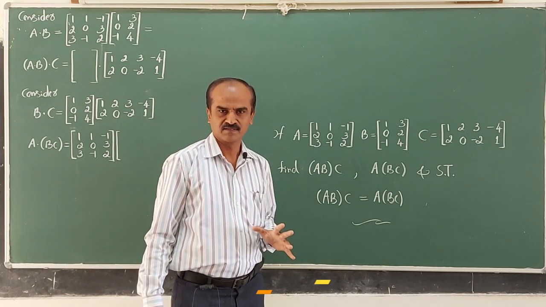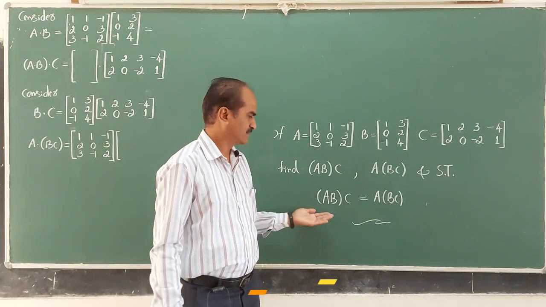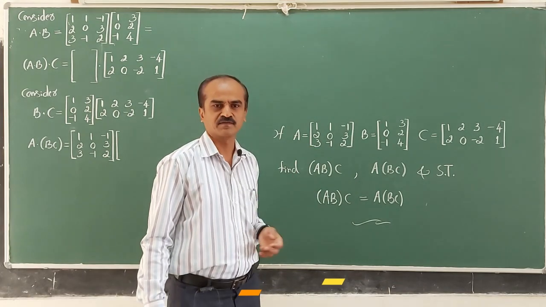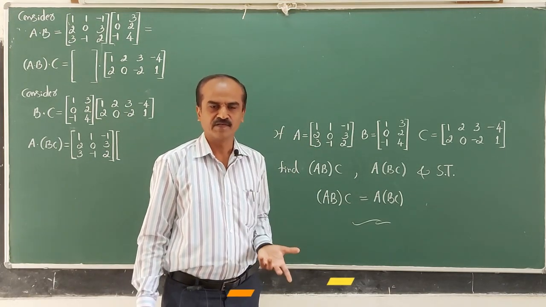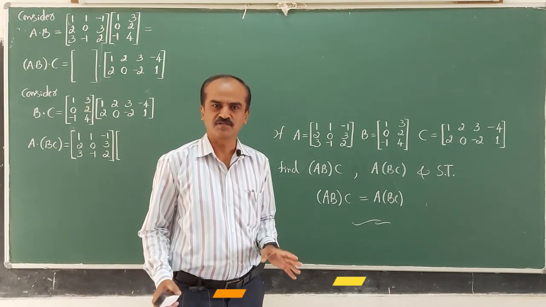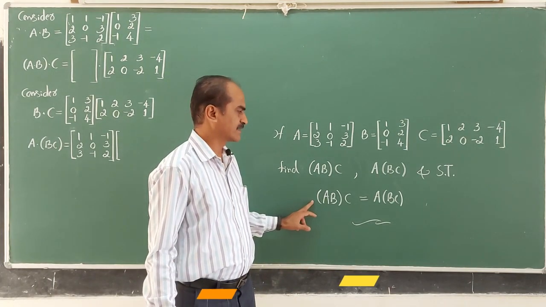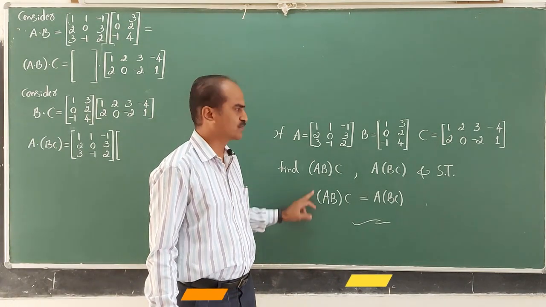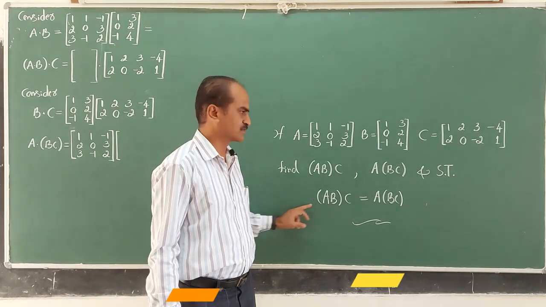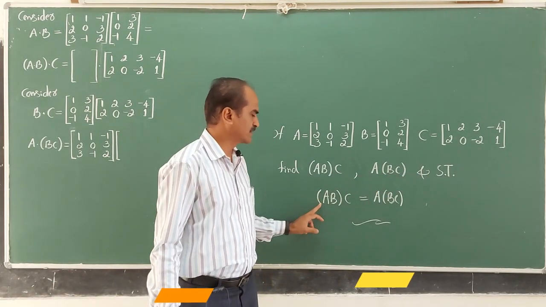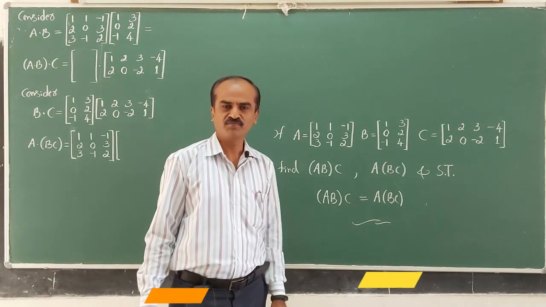That is, we are required to check the associative property with respect to these matrices. We well know that matrix multiplication is associative. Definitely it is going to hold good. That is why the question is, show that AB into C equal to A times of BC.